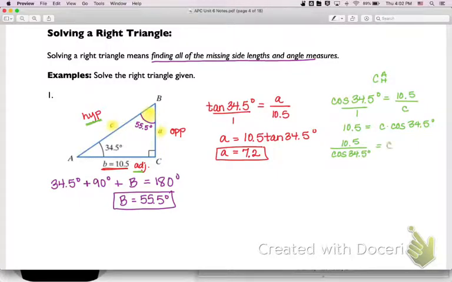That's how we're going to solve for C. Go ahead and put that in your calculator. 10.5 divided by cosine 34.5, and we get that C is equal to 12.7. And so there it is. We found all three of the missing parts. You're going to have to use all different ratios. It just depends on what you were given to start with to be able to figure out what is missing.